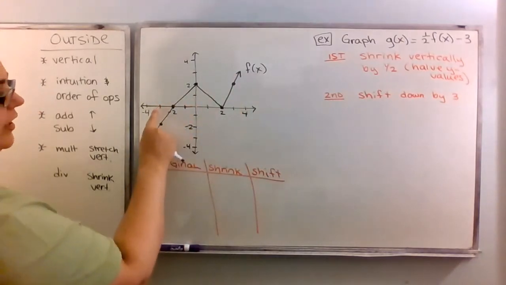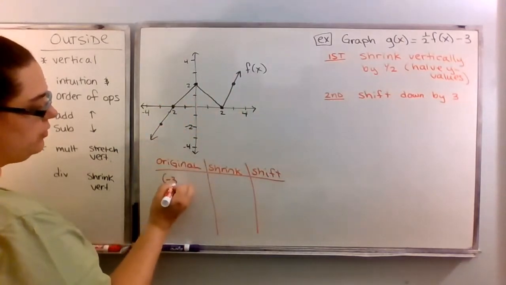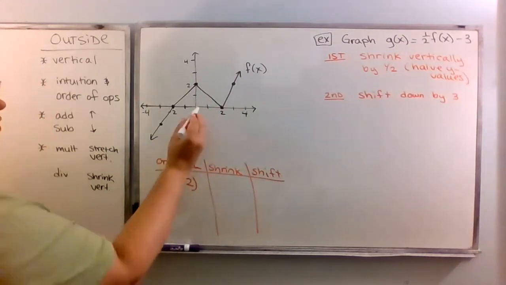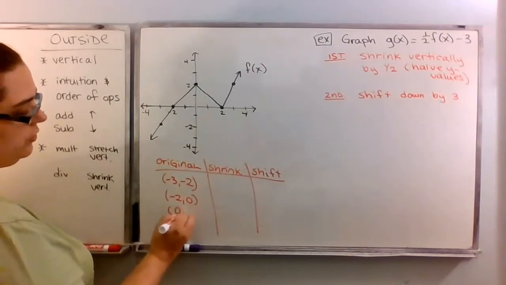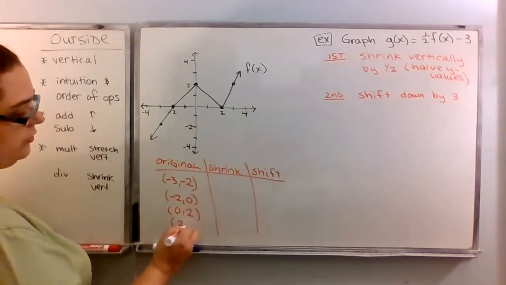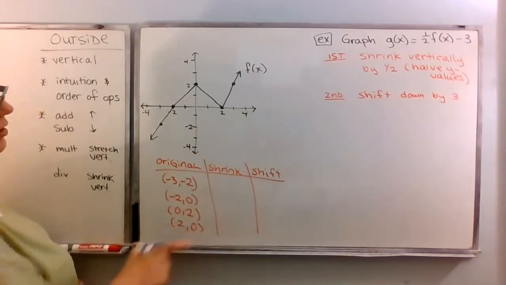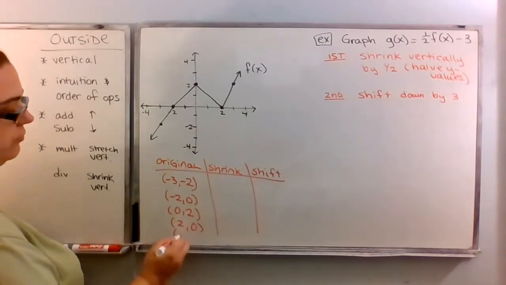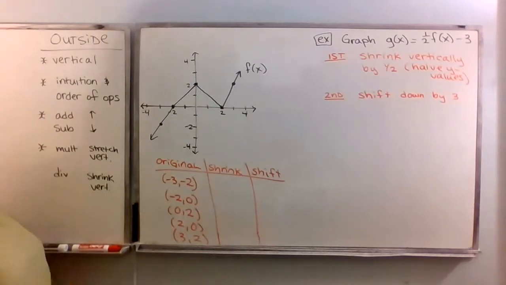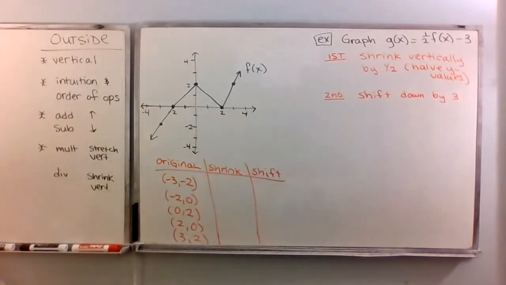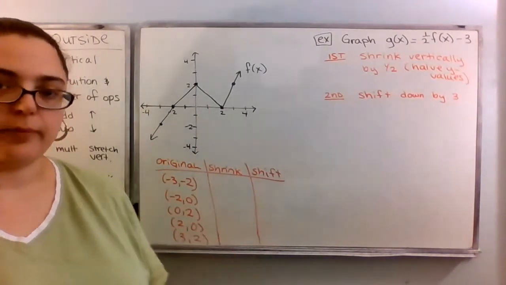So we have -3, -2; -2, 0; 0, 2; 2, 0; and then 3, 2. Those are going to be all of our original points that we'll be transforming.